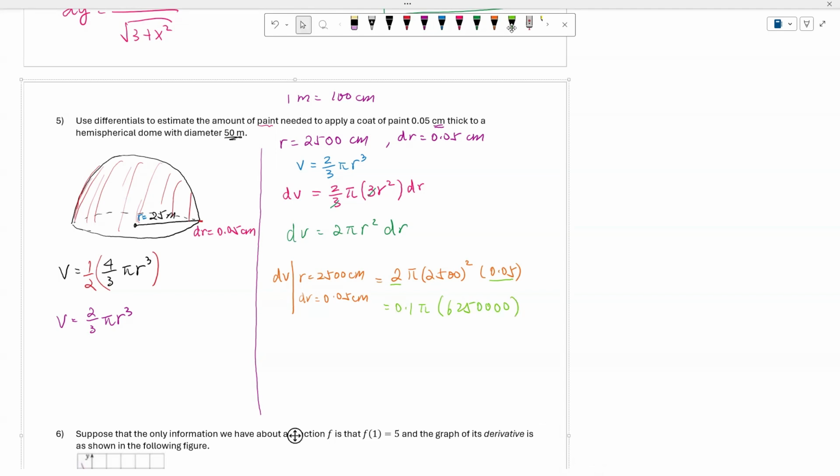And then we multiply by 0.1, so I will have 625,000 pi. And then the unit: this one will have cm squared, and this one will have cm. So in this case, I will have cubic cm.